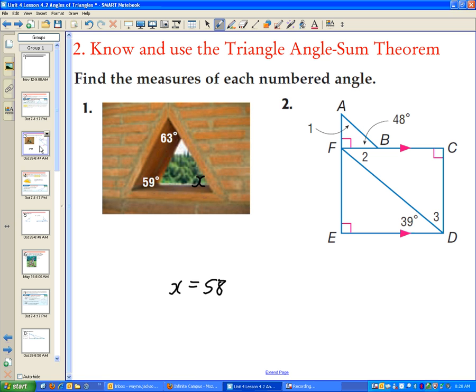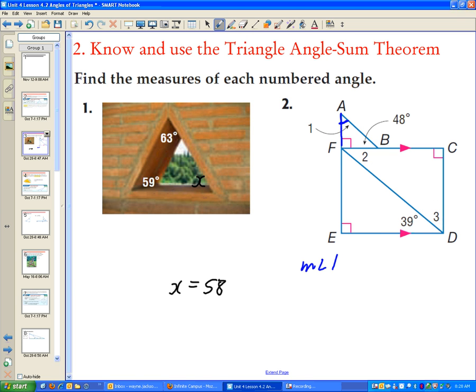Number two. All right, let's see. They need us to find the measure of this angle, and this one, and this one. All right, and I don't necessarily know which one I need to find first, but it looks like I can find angle 1 first, okay? Because look what angle 1 is. So let's ignore the other two for a moment. Let's find the measure of angle 1.